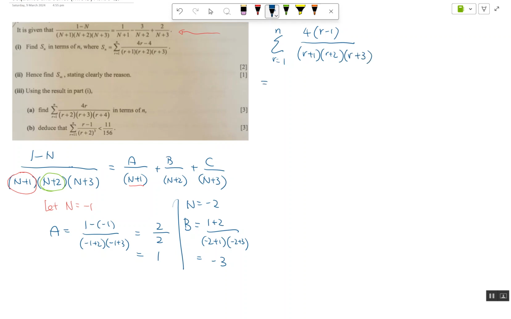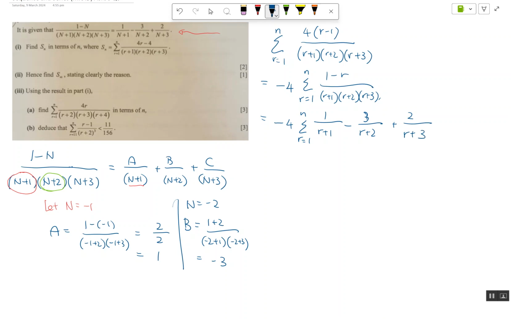What you're going to do is take out a -4 on the outside. Why do I do that? So that I can make my numerator become 1 minus r over r plus 1, r plus 2, r plus 3, and then relate back to the first part of the question where it's all in terms of n. So this is the same as my three fractions: 1 over r plus 1 minus 3 over r plus 2 plus 2 over r plus 3.